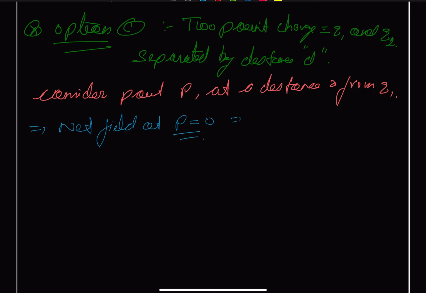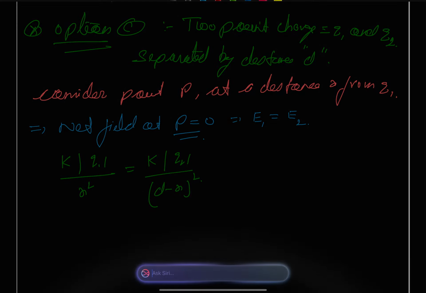So which basically means our E1 should be equal to our E2, and from here we can write K magnitude of Q1 divided by x square is equal to K magnitude of Q2 divided by d minus x whole square.